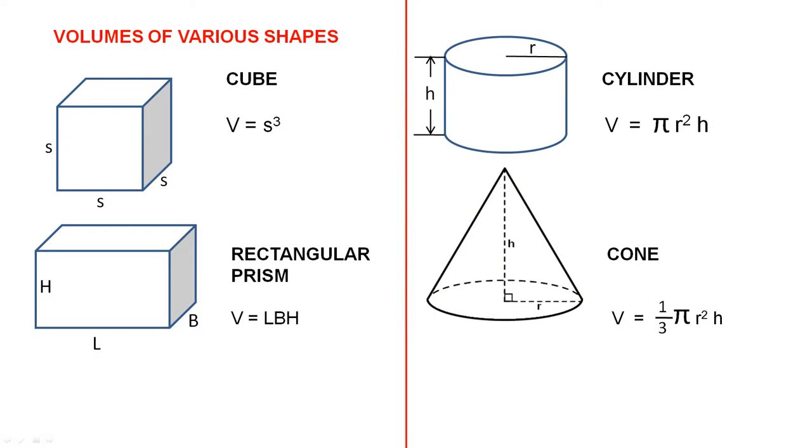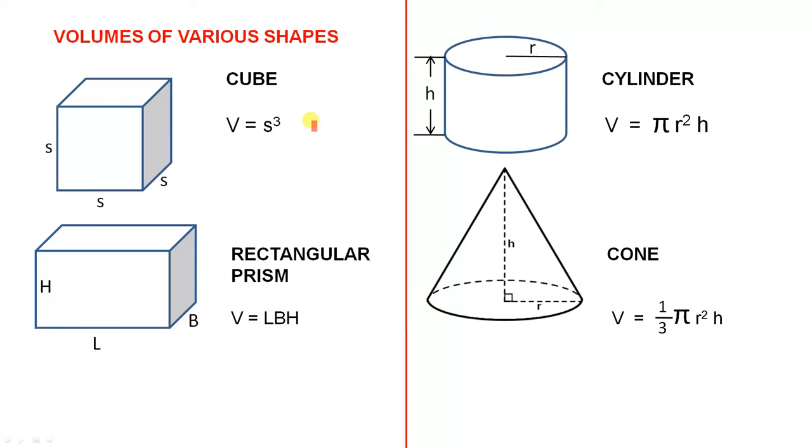Volumes of various shapes. Here we have four three-dimensional objects. We'll start off with a cube, where the sides of all the faces are the same length, so the width, the depth, and the height are all the same, hence the volume is s cubed.